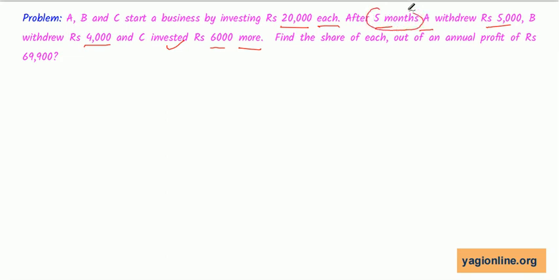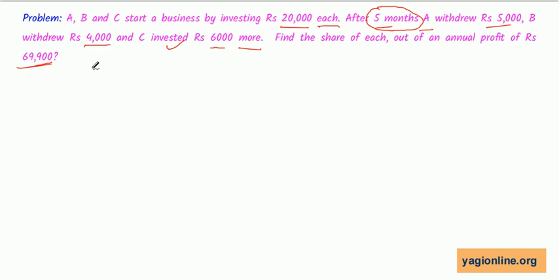That means we have to consider equivalent investment. Only the investment of rupees 20,000 will not work here, since time is mentioned and time is different for different persons. We have to consider equivalent investment for sharing the profit. Profit is given at the end, an annual profit of rupees 69,900, which we want to divide amongst A, B and C.